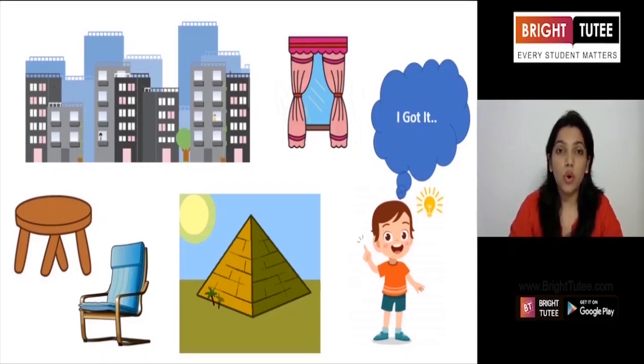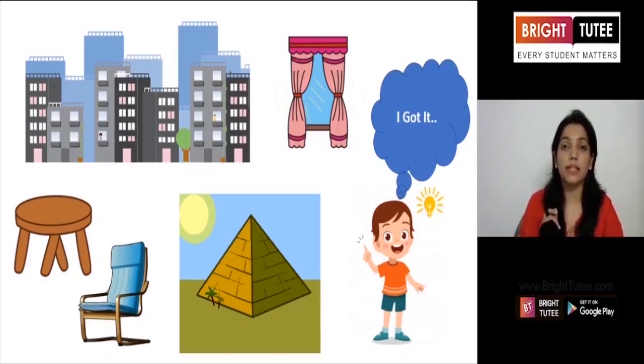You cannot order a table of any length, any size for your room. You need to be very specific, say for a 20 cross 20 room, I need a table which is 4 cross 3. This is how we measure things so that everything fits into the other thing very appropriately. So for this, geometry is very much needed.